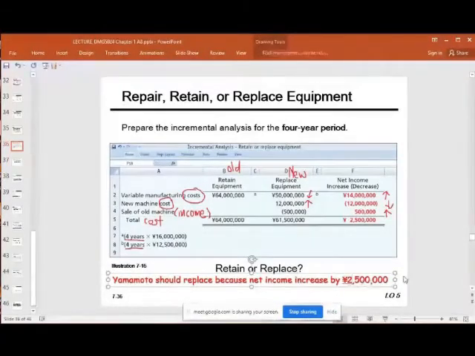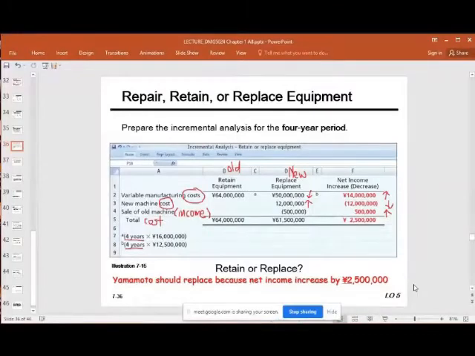Okay, 2.5 million. So Yamamoto should replace the machine because net income will increase by 2.5 million.